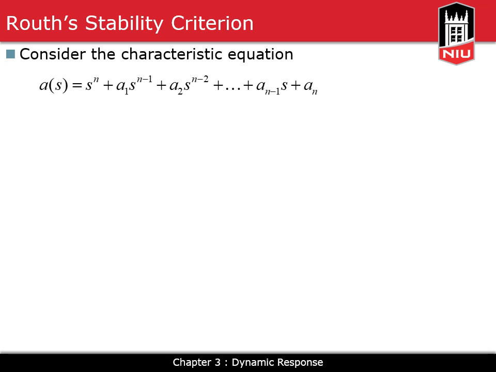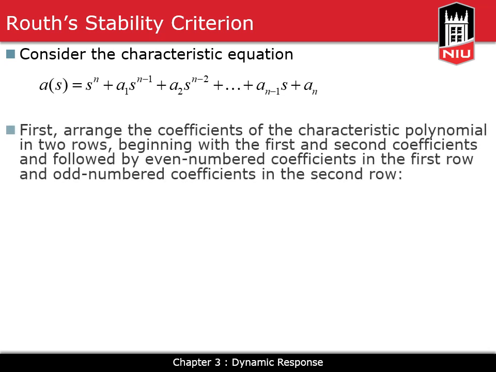We're going to start with our general form of our characteristic equation. We first arrange the coefficients of the characteristic polynomial in two rows. We are going to label the rows with s to the power of n as the first row, s to the power of n minus 1 as the second row, and we continue this until we get to s to the power of 0.